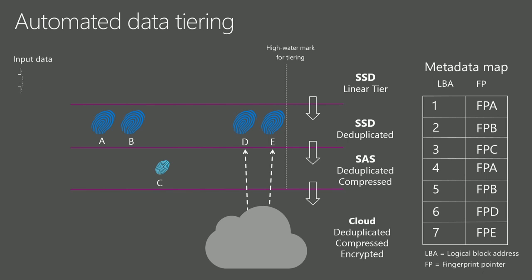The last part is, remember what we talked about. Tiering is to keep the working set local and the cold data pushed to the cloud.